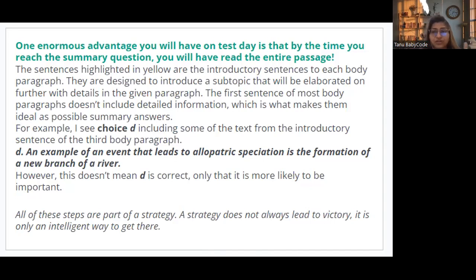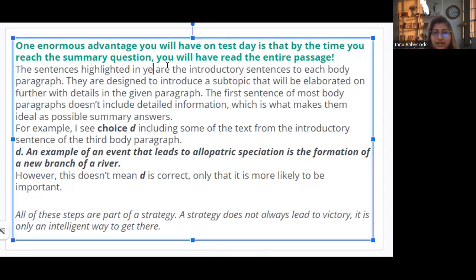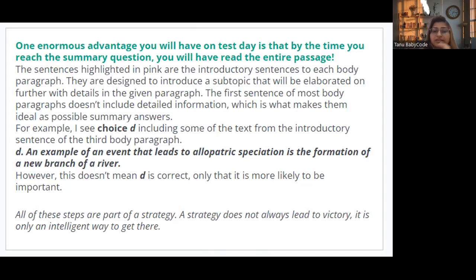The sentences highlighted here are the introductory sentences to each body paragraph, and they are designed to introduce the topic, basically a subtopic that will be elaborated on further with details in the given paragraph. The first sentence of most body paragraphs does not include detailed information, which is what makes them ideal.